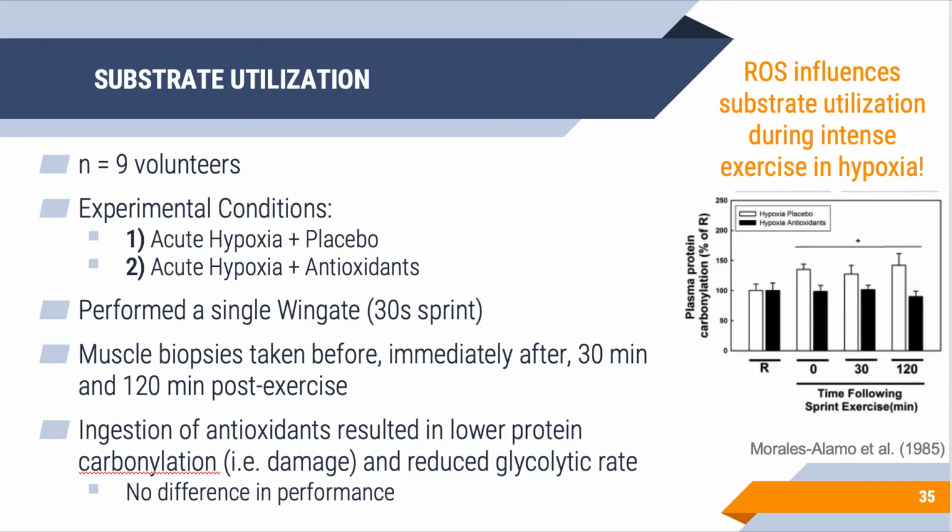Importantly, and not shown here, is that this reduction in protein damage also coincided with a reduction in glycolytic rate, meaning that they used less carbohydrate for fuel and they performed the exact same on this Wingate.